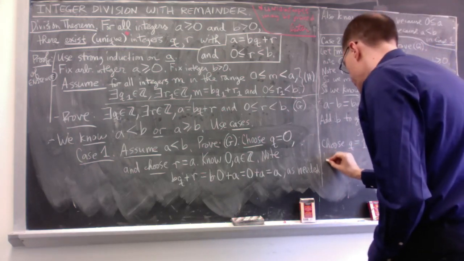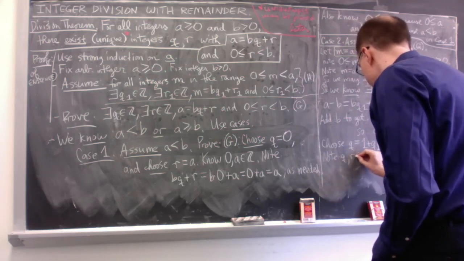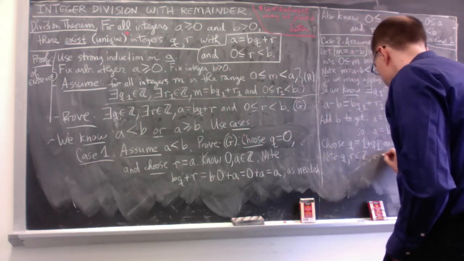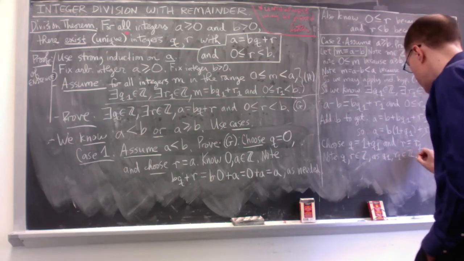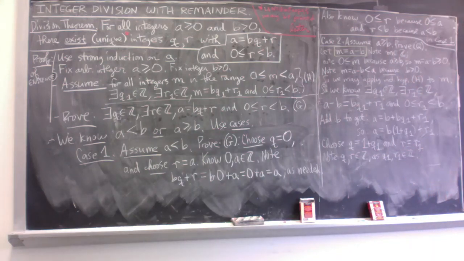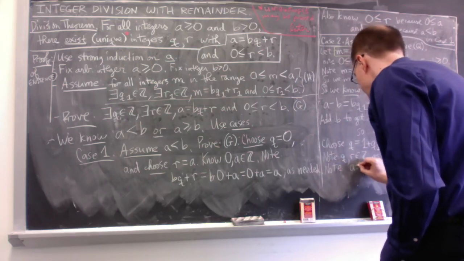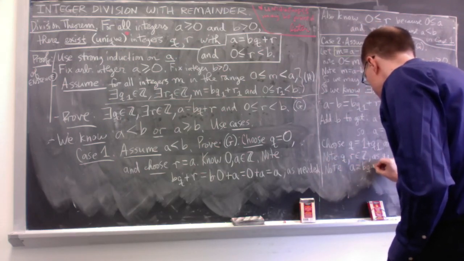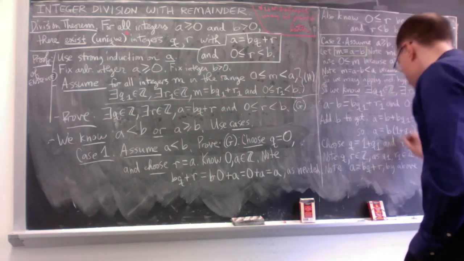So notice that q and r are in Z, since q1 and r1 are in Z. Adding 1, of course, closed under addition, all that stuff. Also note, by the very calculation we've already done, a equals bq plus r. That is true. That's the whole reason we did all this.